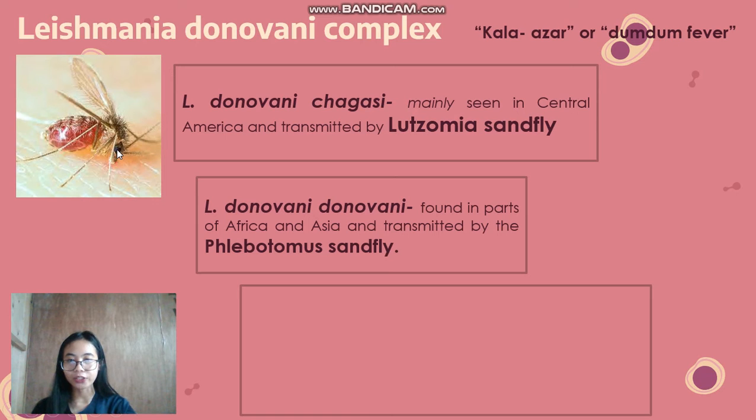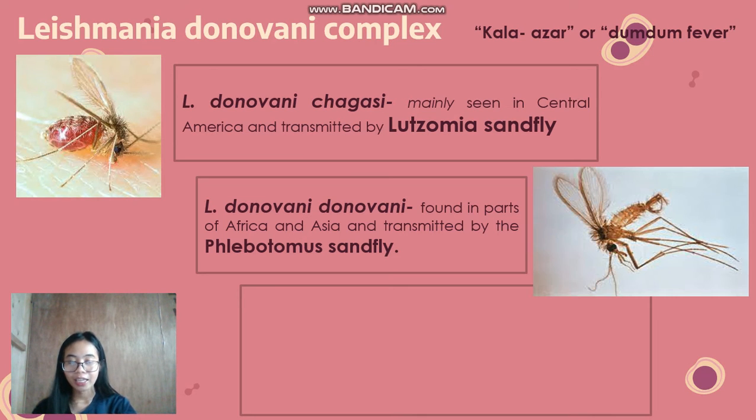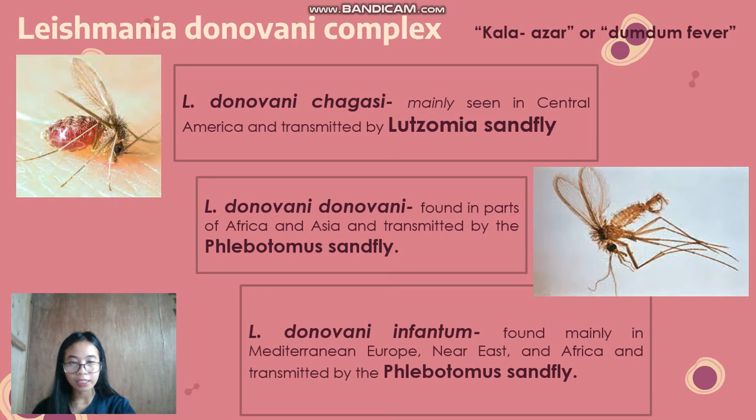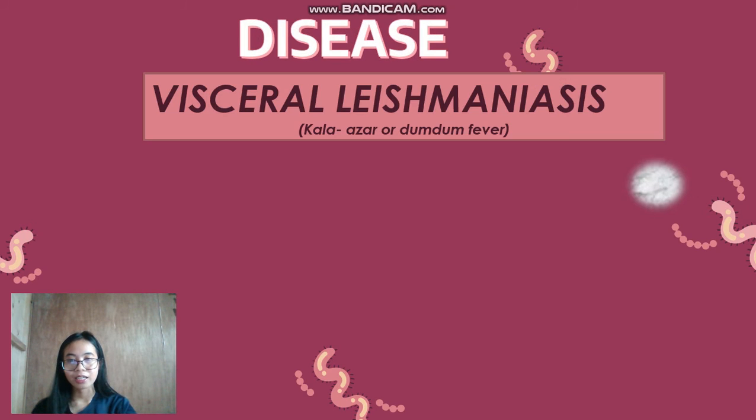L. donovani is also found in parts of Africa and Asia and is transmitted by the Phlebotomus sandfly. And last is L. donovani infantum, found mainly in Mediterranean Europe, Near East, and Africa and transmitted by the Phlebotomus sandfly. So the disease is visceral leishmaniasis or Kala-Azar or Dum-Dum fever.